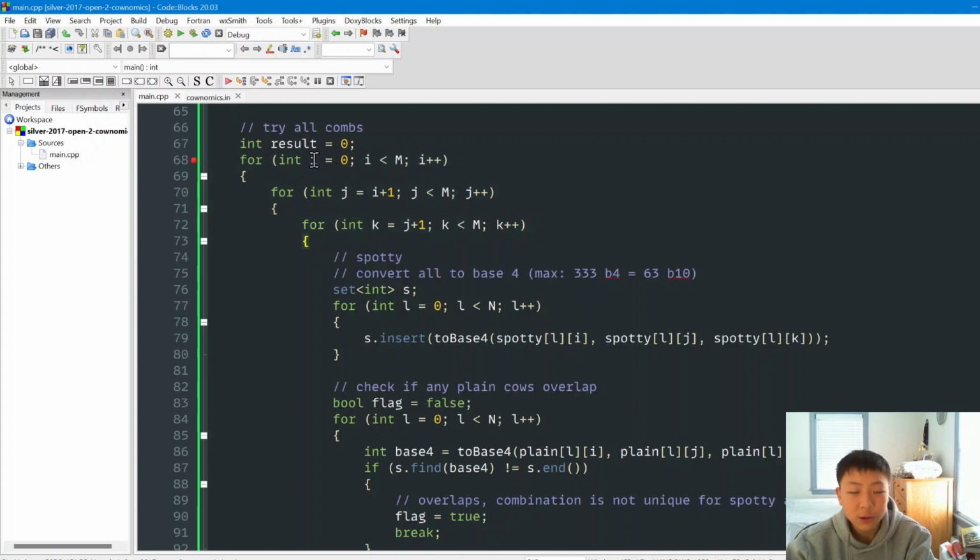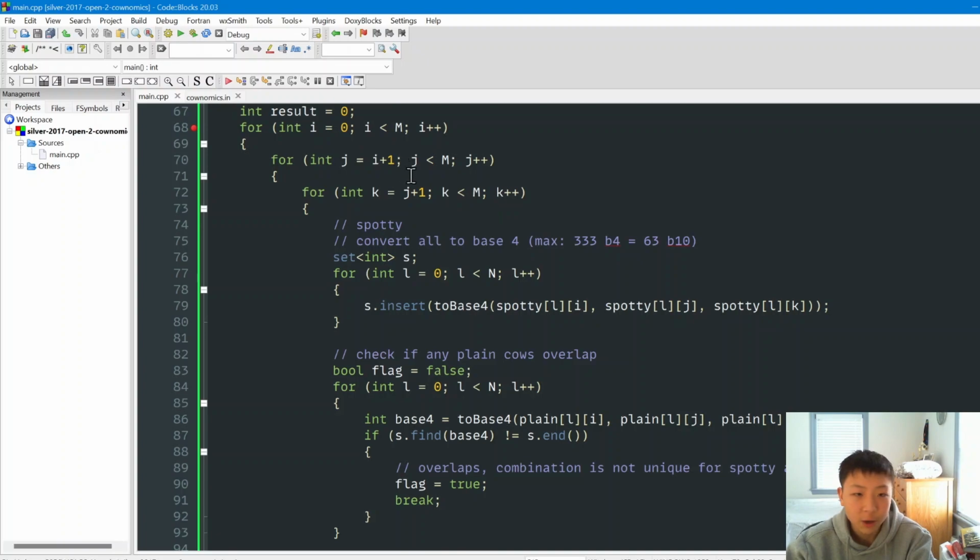So the first loop, we're going to say i from 0 to m. The second loop, we're going to have j from i plus 1 to m, because we don't want to do i or anything before that. And for the third loop, we're going to just say k from j plus 1 to m. This will basically try every combination, and the combination is going to be i, j, and k.